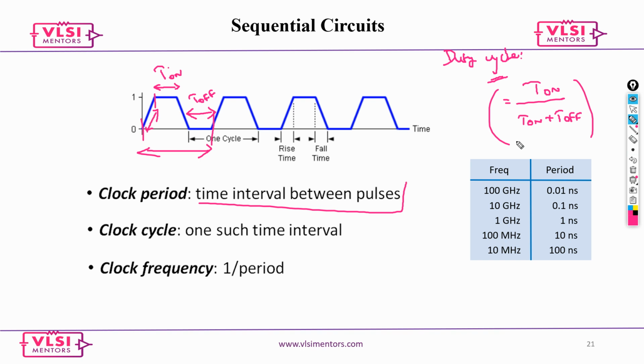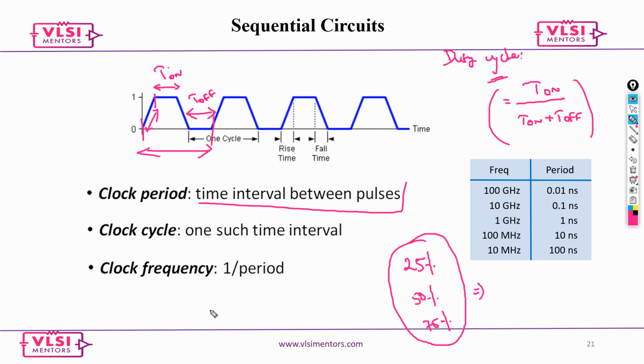You can have a duty cycle of 25%, 50%, or 75%. Find out which one we prefer. This is with respect to your designer's call.